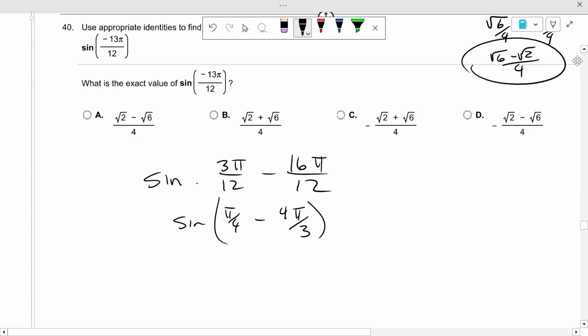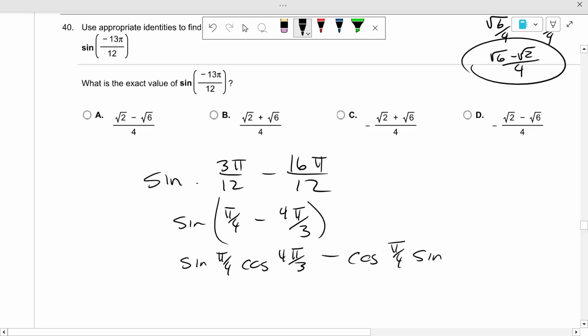So pi over 4 minus 4 pi over 3. So it's the sine of pi over 4 cosine of 4 pi over 3 minus cosine of pi over 4 sine of 4 pi over 3. So this is square root of 2 over 2 and negative square root of 3 over 2, minus square root of 2 over 2 and negative 1/2.